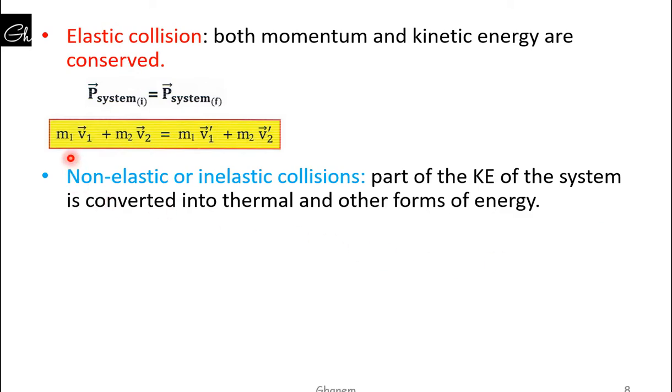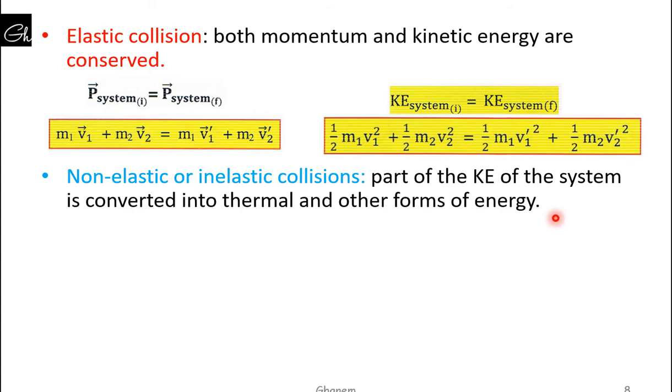Assuming that we have two particles, one of mass m1 and the other of mass m2, with initial velocities v1 and v2. Then after collision, the final velocities for the first particle and the second particle will be v1 prime and v2 prime. Since this collision is elastic, the kinetic energy of the system must be conserved.